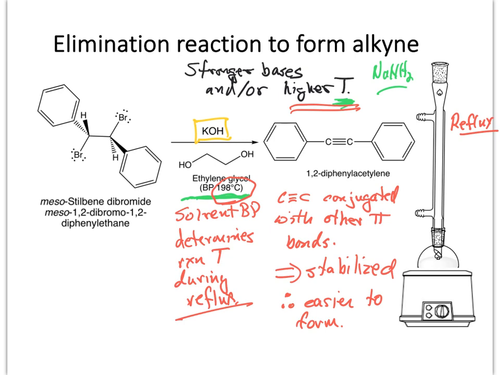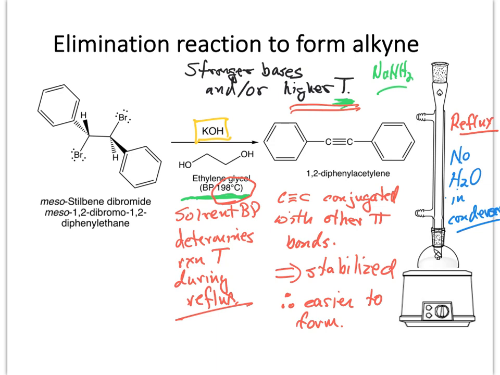And because of that high temperature, we're going to reflux it with no water in the condenser. Just airflow will keep the condenser cool enough to keep the ethylene glycol from leaving the condenser. Okay?